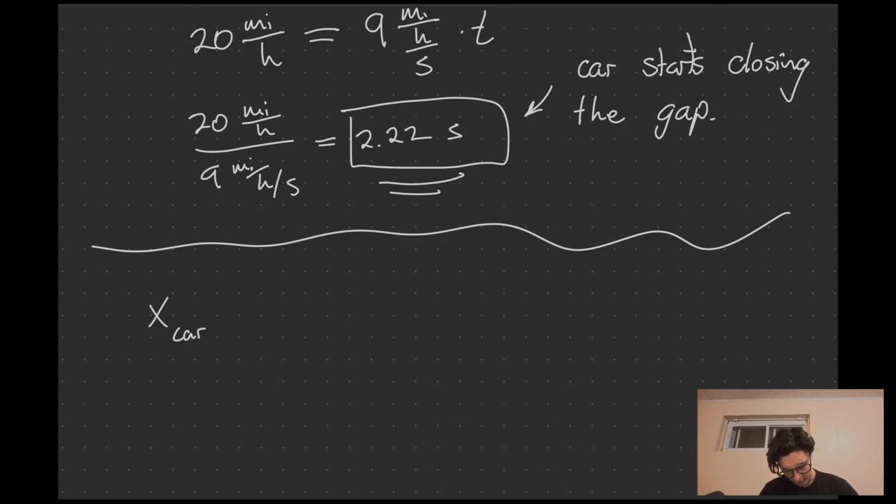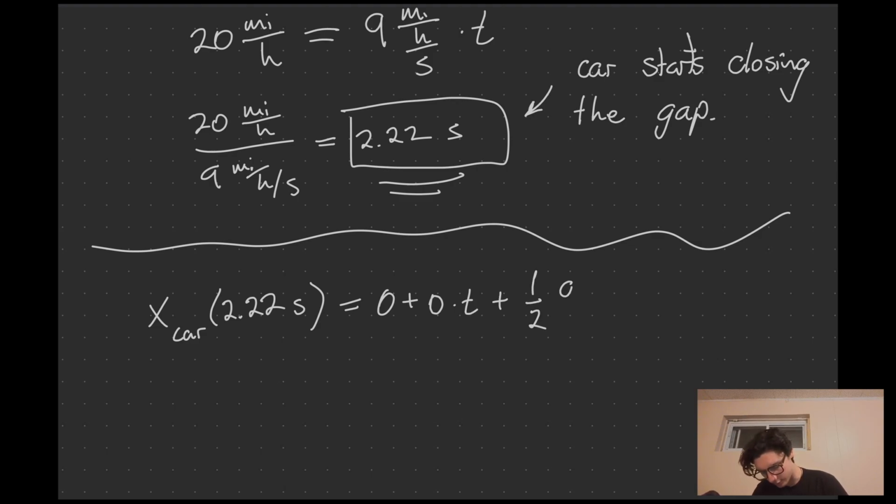The position of the car at 2.22 seconds is equal to the car's initial position, which is 0, plus the car's initial velocity, which is 0, times time, plus 1/2 the car's acceleration, which is 9 miles per hour per second, times 2.22 seconds, and these are squared.